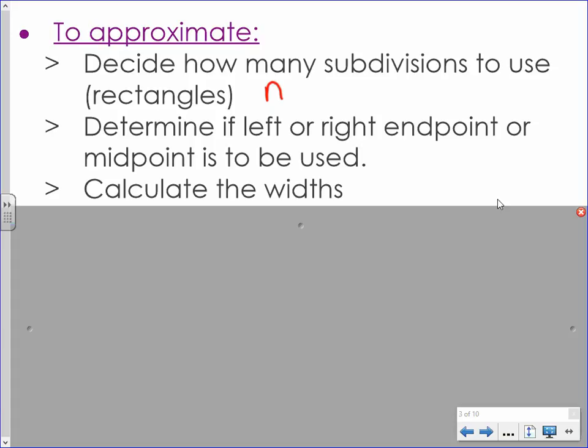How do we figure that out? We've got to take our length and divide it by the number of rectangles. So you're going to take where you end minus where you start and divide it by the number of rectangles. And we're going to call that our change in x, Δx. That's how wide our rectangles are going to be.